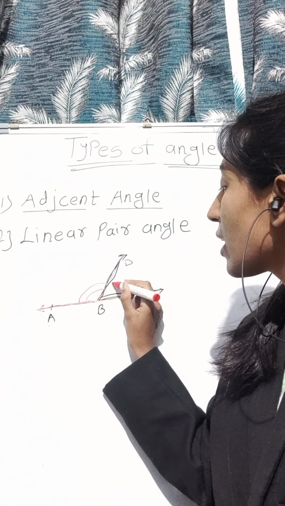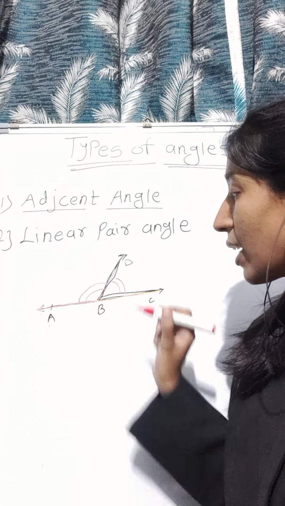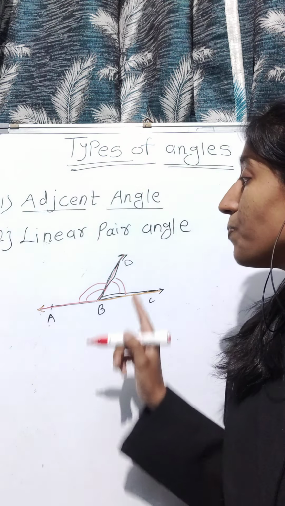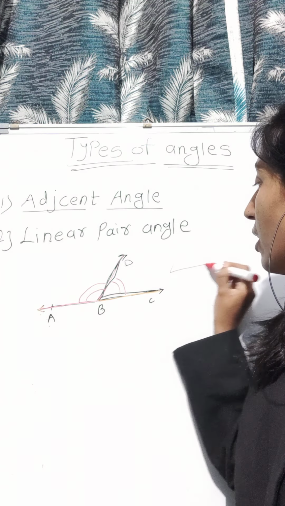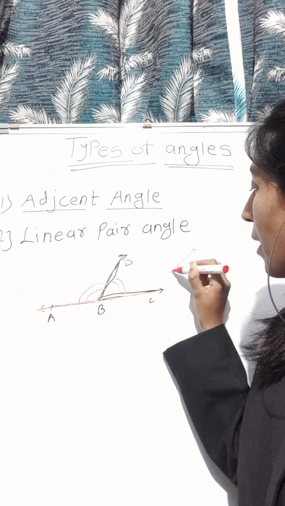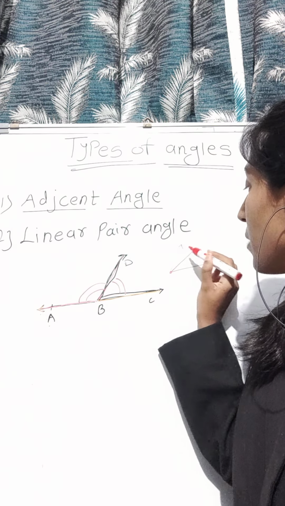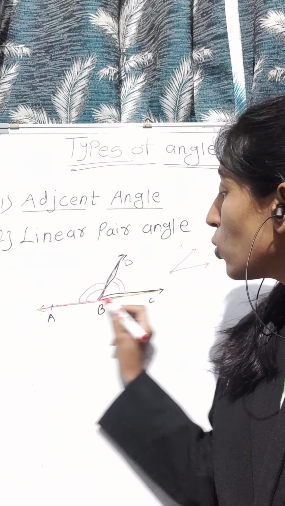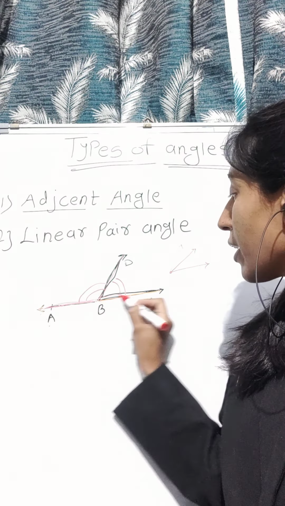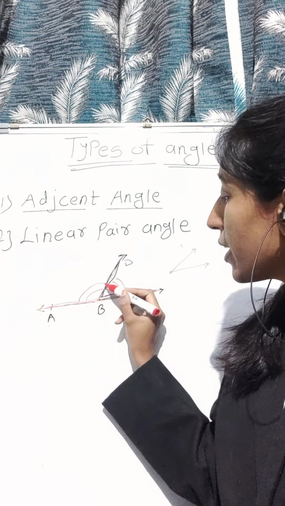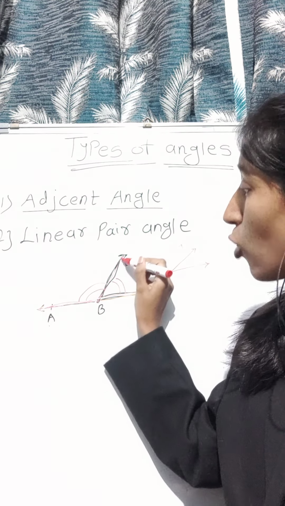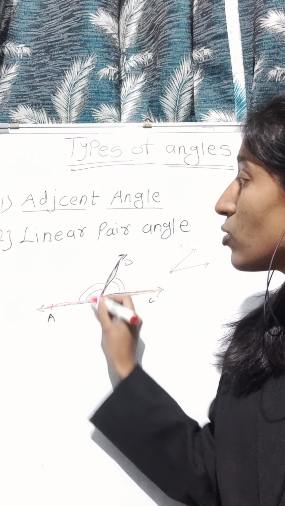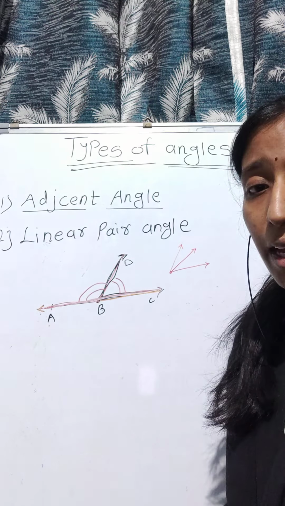We cannot say these are adjacent angles. We will say it as a linear pair. Why linear pair? Why not adjacent? Because in adjacent angles, we have only one common arm and one common point, but the remaining two arms are on different sides. And here the remaining two arms are forming a straight line. Are you getting it? Here also we have one common point and one common arm, but the remaining two arms are forming a straight line. That's why we say it is a linear pair angle.